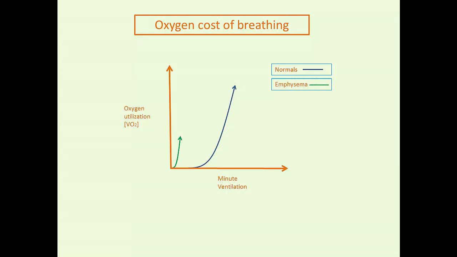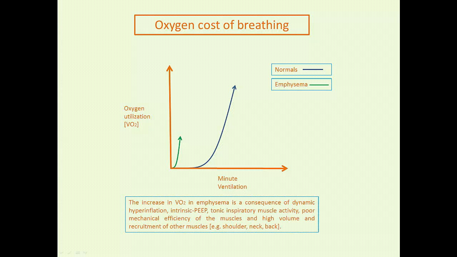And then just as an example, if you look at patients with emphysema, the curve almost goes straight up, and it requires very small increments in minute ventilation before there are very large increases in the VO2.